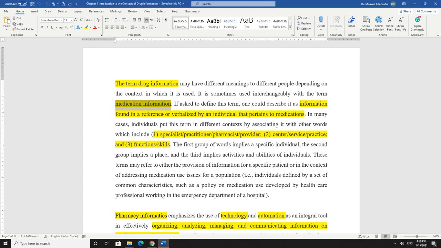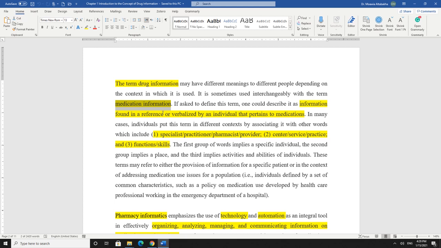Okay. In any way, when we say drug information, there are three different things that are associated with the drug information. So with drug information, what usually is associated with it? First, the person.